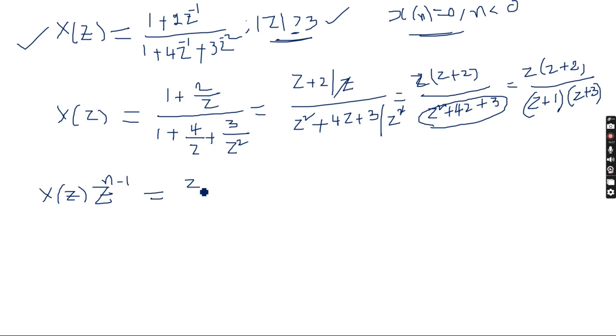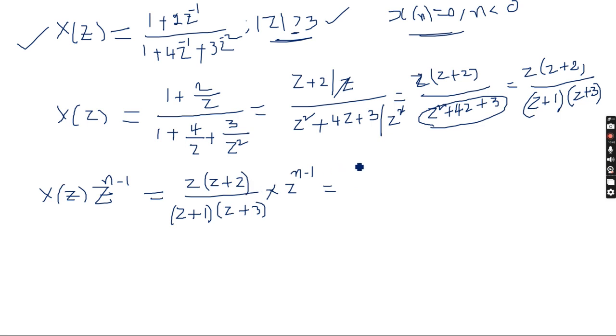So z into (z plus 2) by (z plus 1) into (z plus 3), into z to the power of n minus 1. So here z into z power n minus 1 is z to the power of n.